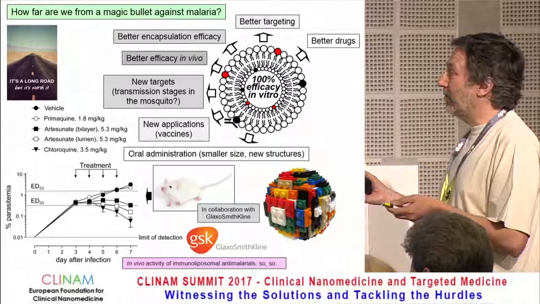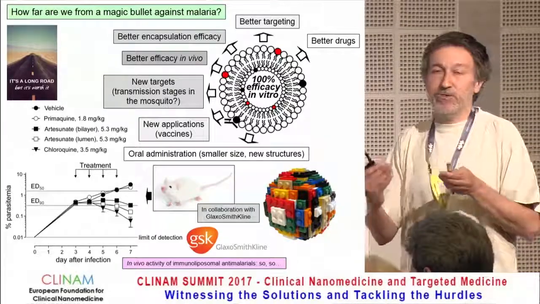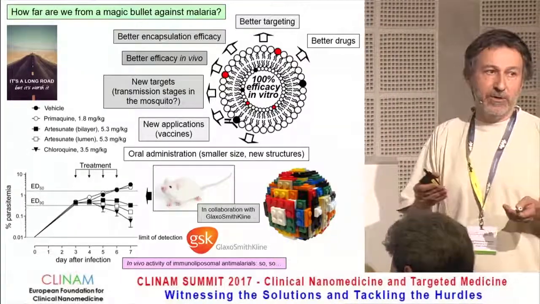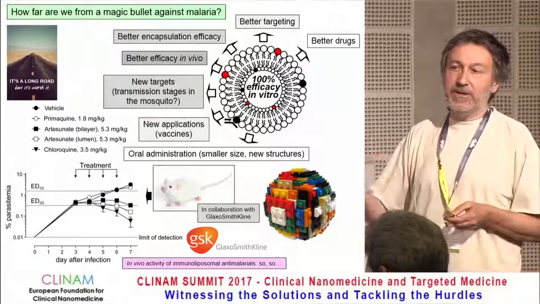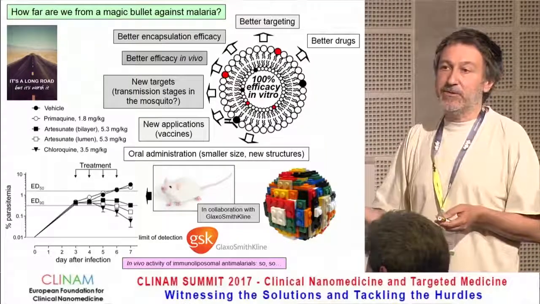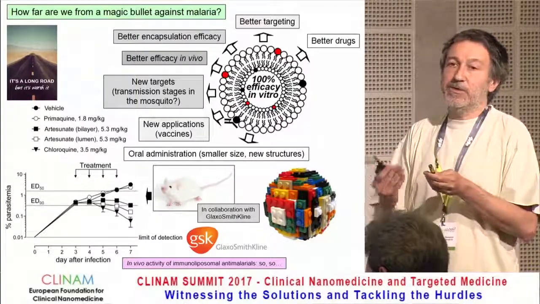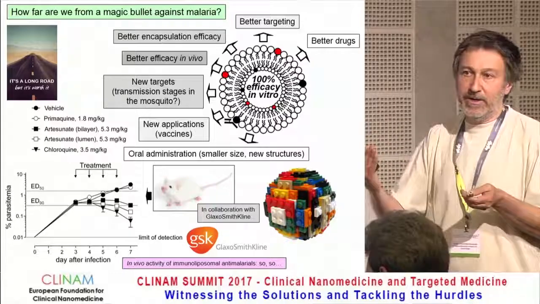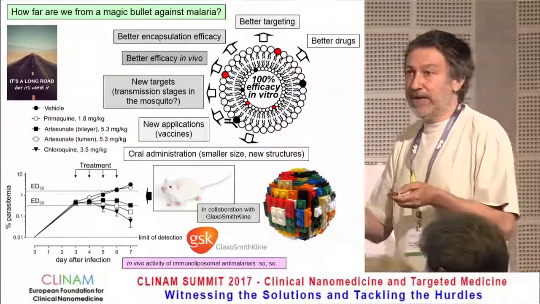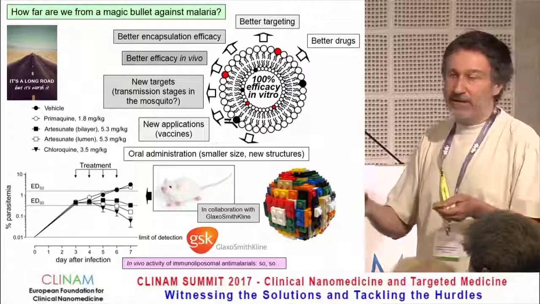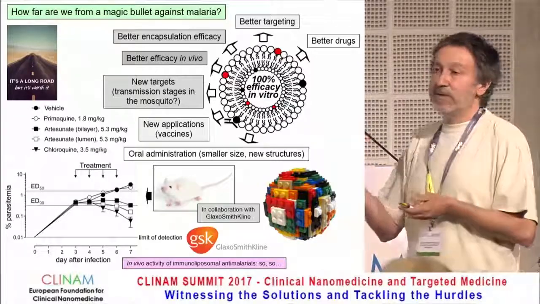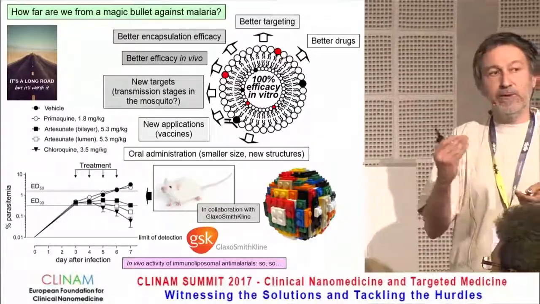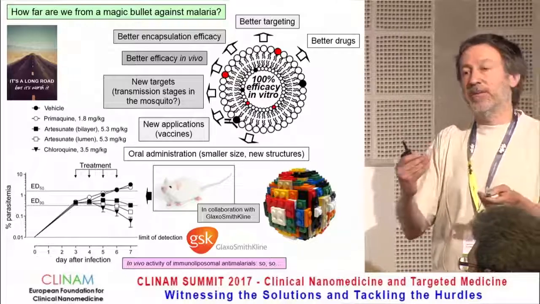But probably this combination strategy, which started not so long ago, in the midterm we will see resistance to this too, because it's simply two different drugs acting on different targets, but they are nevertheless classical antimalarial drugs.